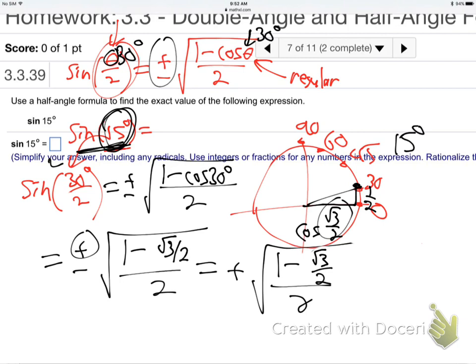So first thing is I'm not worried about the root right now. In fact, I'm not going to do anything with the root. I've got to get rid of this 2 here because I don't want fractions over fractions. So what you do is you multiply by 2, but not just that. If I just did that, that would not be balanced. That's only the top. You have to also do the bottom. That way you're not changing anything, right?